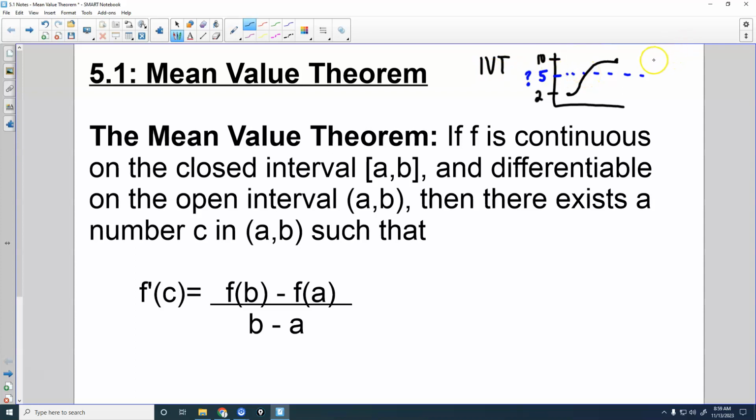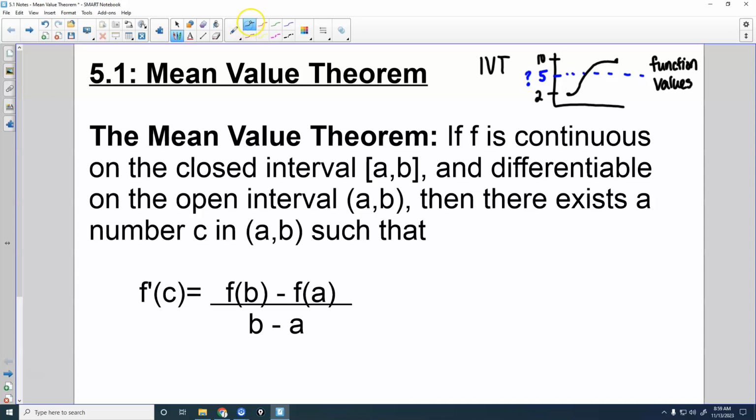The intermediate value theorem deals with function values. So it would be like proving that f of x has to equal 7 at some point. The mean value theorem is going to be similar, but it's going to deal with derivative values, not with function values.